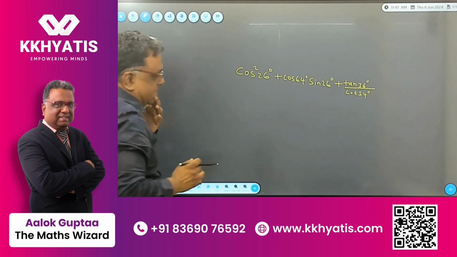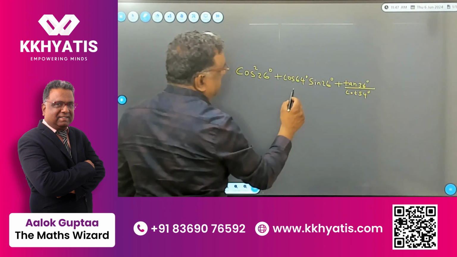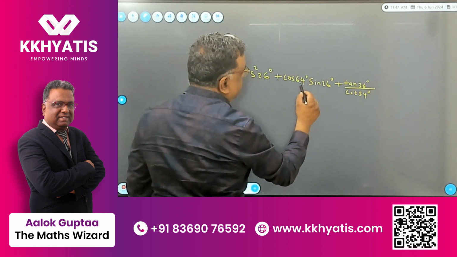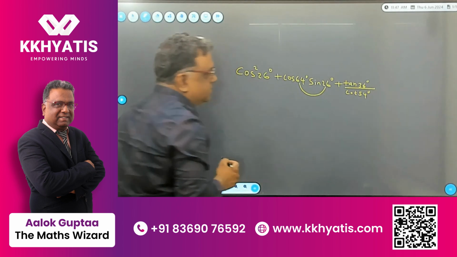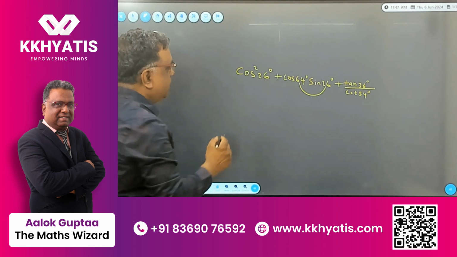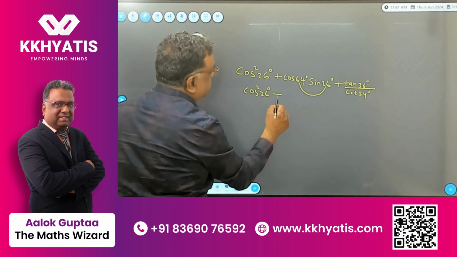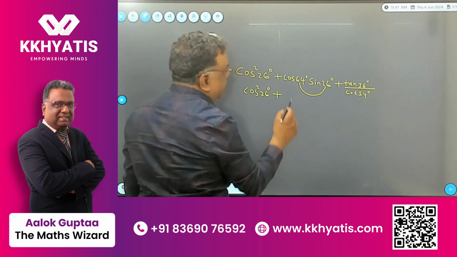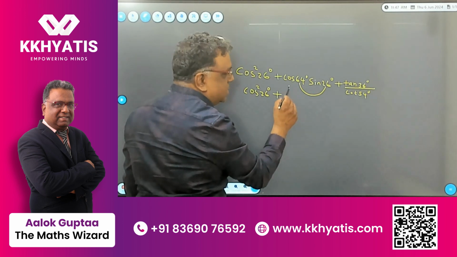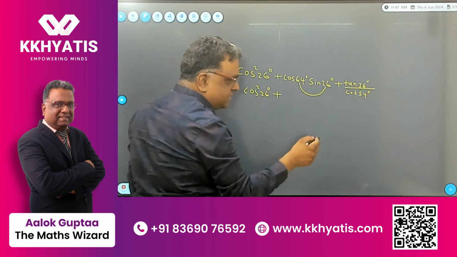So, like I told you, this is a typical sum which belongs to the complementary angles. 64 plus 26 is 90. So I will keep cos square 26 degrees plus. Now if I can have sine square 26 here, that will make my life easier.